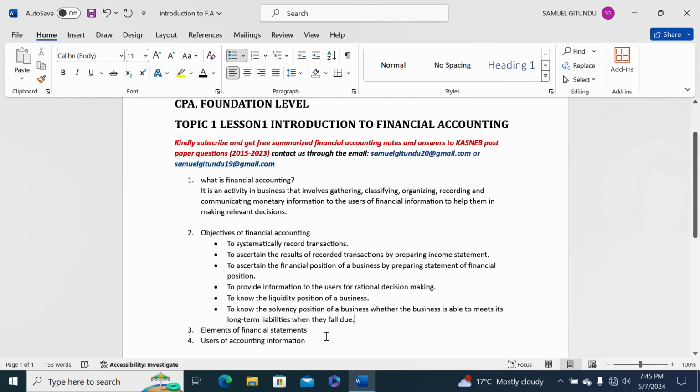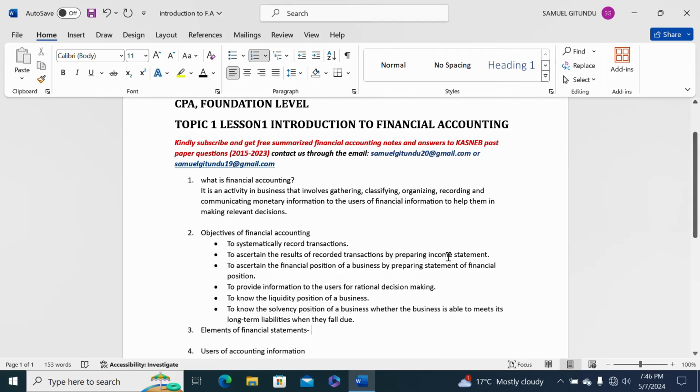And now we go to the elements of financial statements. We can first discuss what financial statements are. The first one is the income statement, which we have discussed here. That is one part of financial statements. Then we have a statement of financial position.